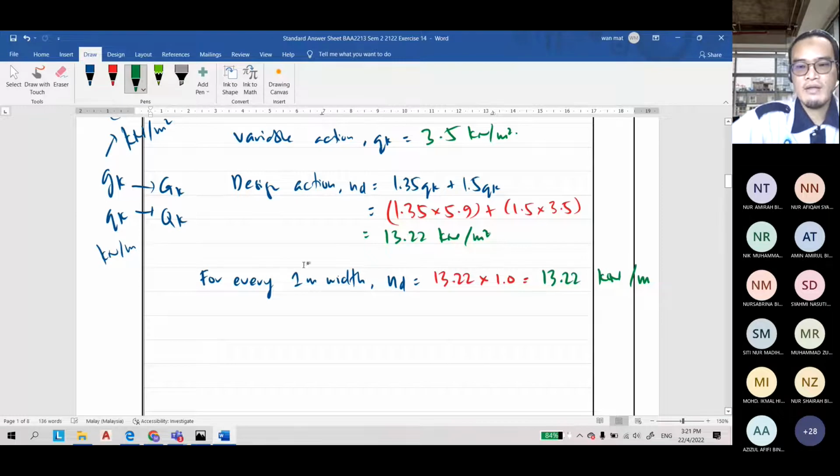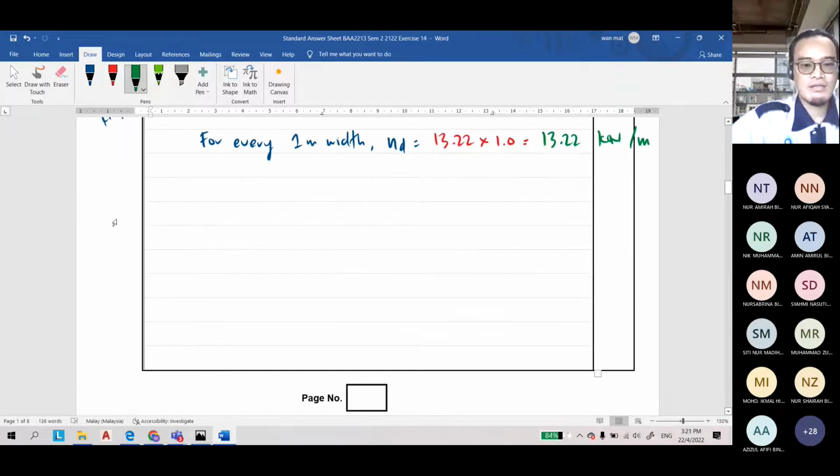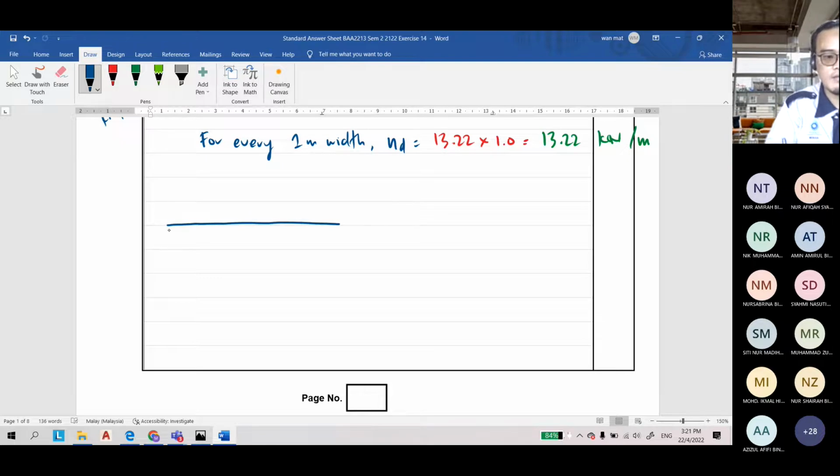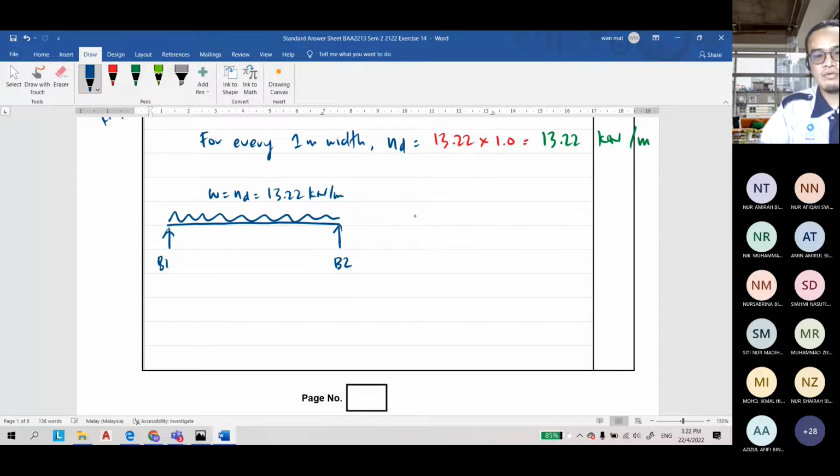I hope you are clear with this one. So you can do the part of analysis by calculating the simply supported beam. This is B1 and this is the support from B2, and then the loading here, w is equal to nd, which is 13.22 kilonewton per meter.